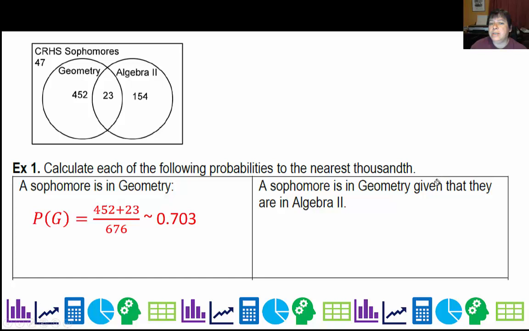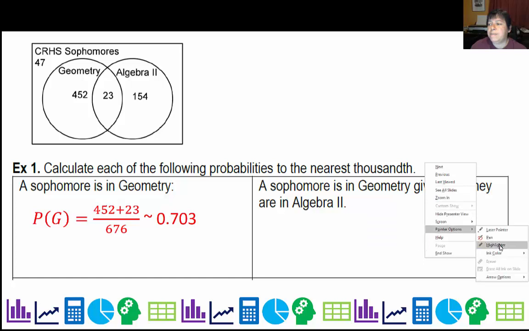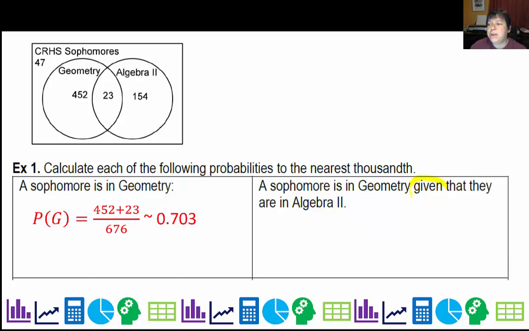Now this one is interesting. See that given right there? When you have the word given, let me go ahead and highlight that, that means that for sure we know they're in algebra 2. So my total is going to be students who are in geometry and algebra 2, because they have to be in algebra 2.